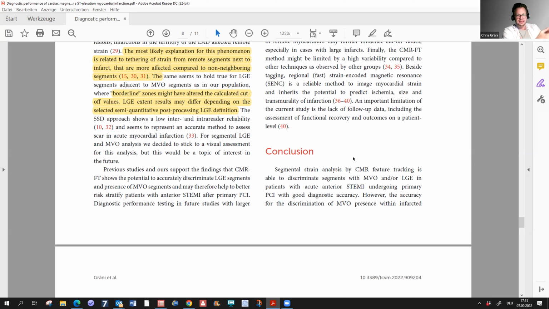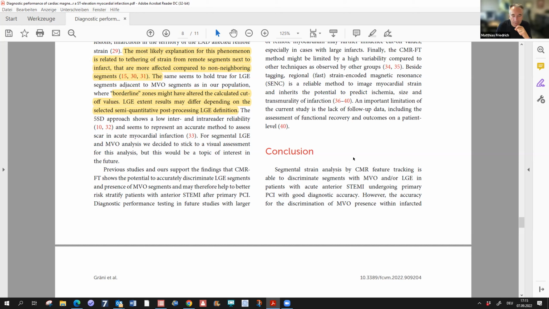Maybe this could in the future give us more insight on whether this is a method which might also be more specific. I think we need more data, of course, larger cohorts with other infarctions, and maybe other analyses. At the moment, I am not confident enough to make a clinical decision.